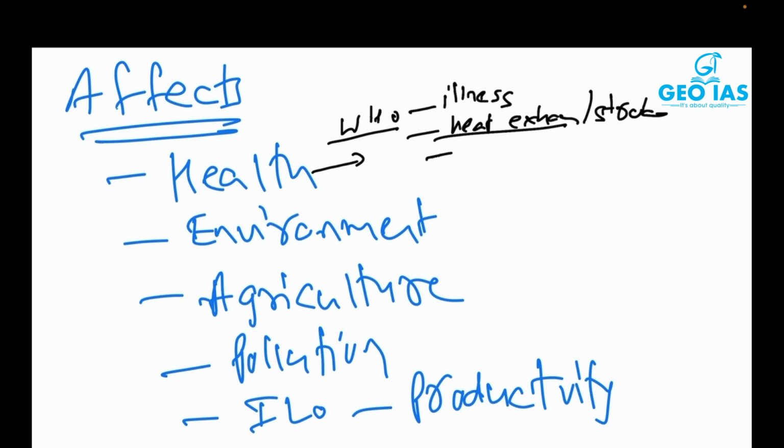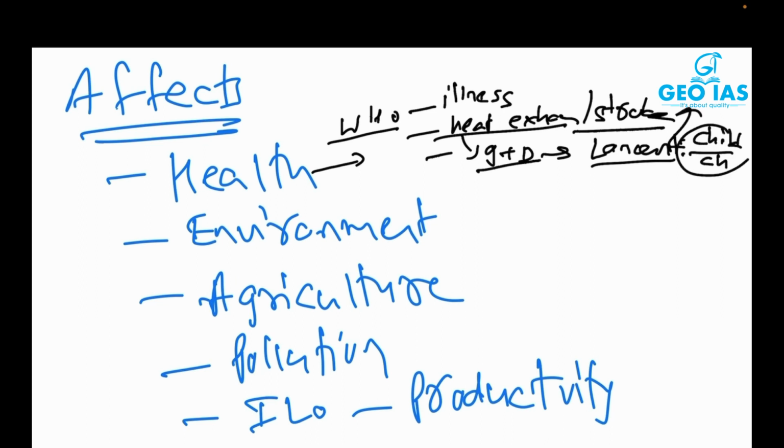Apart from that, if you are more vulnerable to heat waves, it will affect your growth and even the development of organs. It is noted by the Lancet that people, particularly children and women, who are affected by heat waves are stunted in their growth.